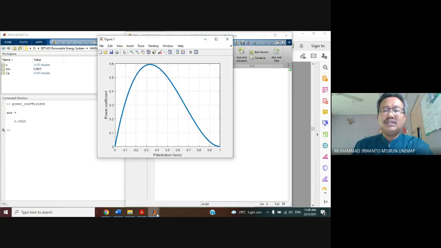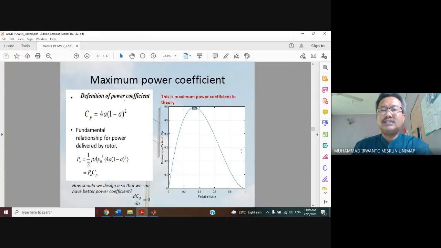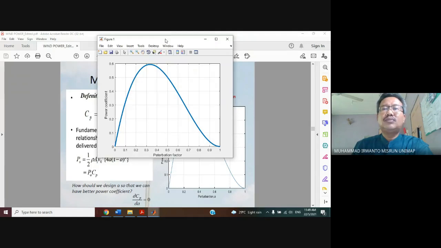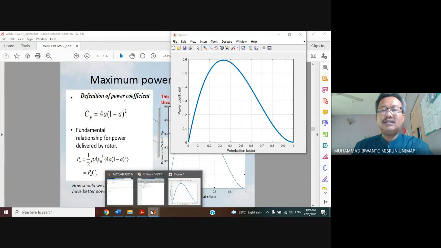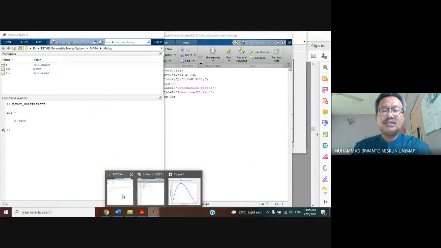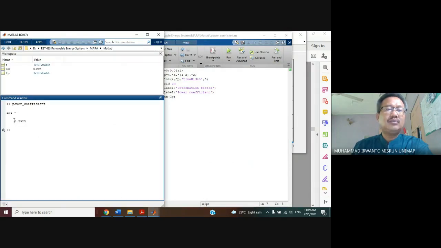Like this one, same for this case. So from here we can see that from the code we want to find the maximum Cp, the maximum power coefficient. Using the result, we obtain 0.5925.